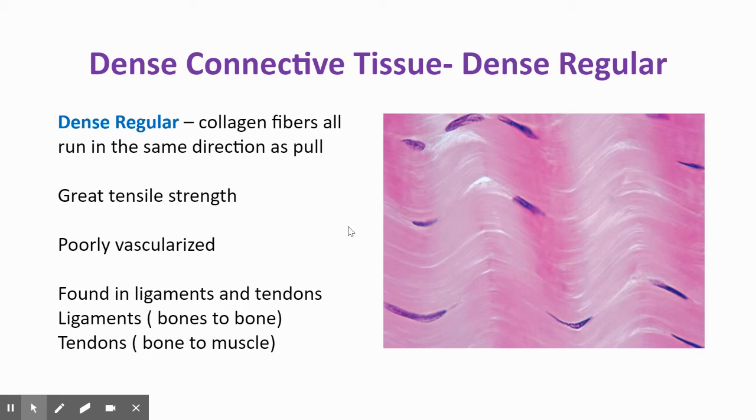Now, here's the other thing. It says that this tissue is poorly vascularized. Vascularized means that a tissue gets good blood flow, a good supply of blood. Here it says it's poorly vascularized, which means this tissue doesn't get a whole lot of blood flow.